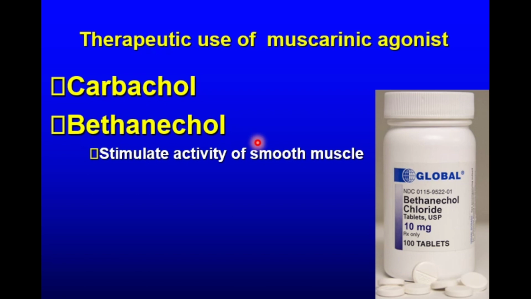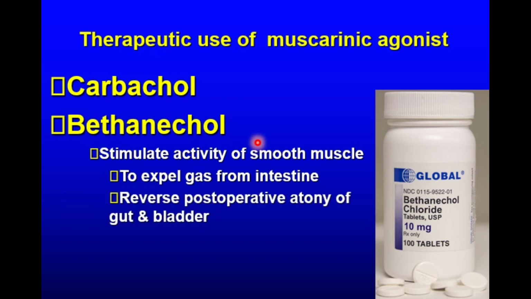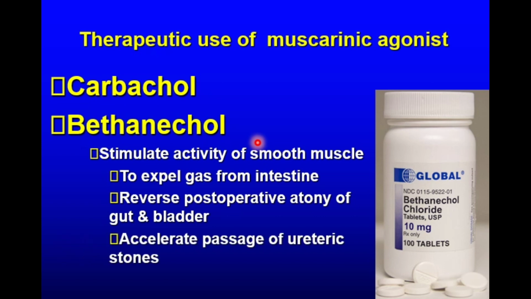For example, to expel gas from the intestine prior to radiography or to reverse post-operative atony of the gut and bladder, and also to accelerate passage of ureteric stone. Bethanechol acts mainly on M3 muscarinic receptor and has little effect on the heart.